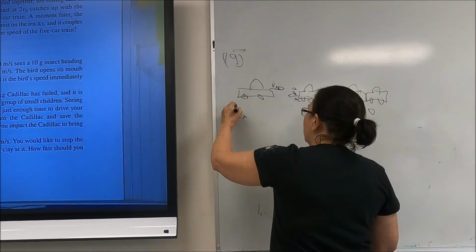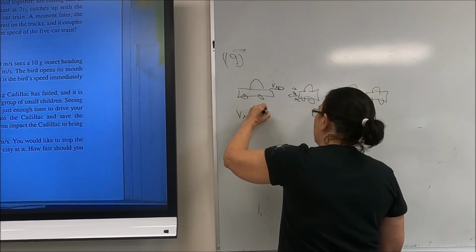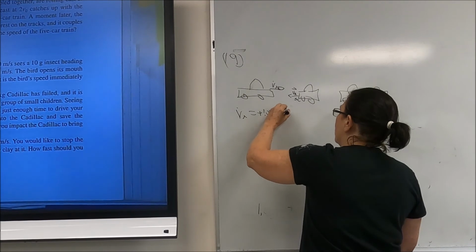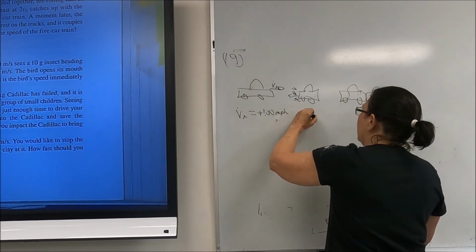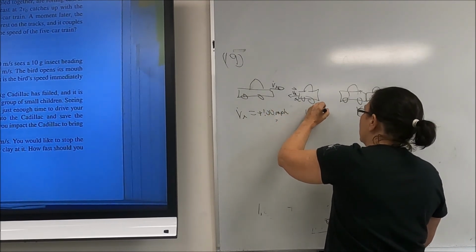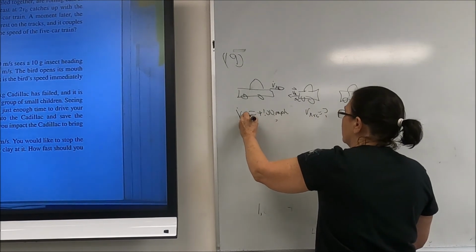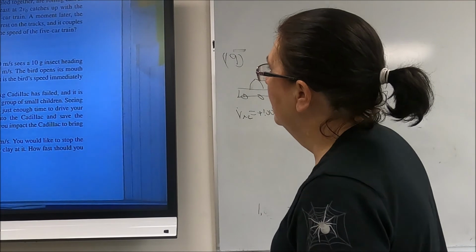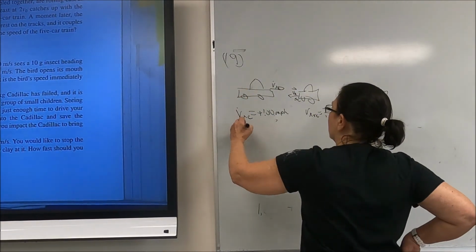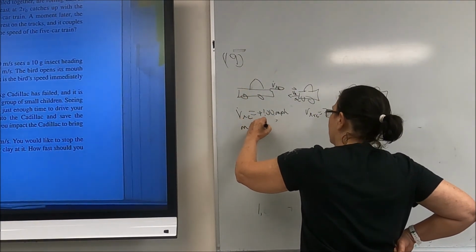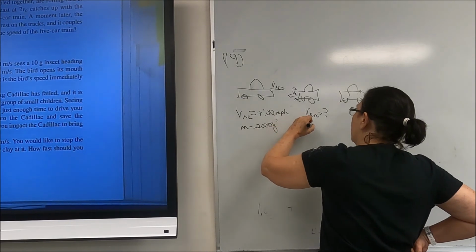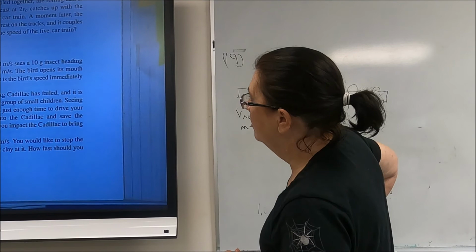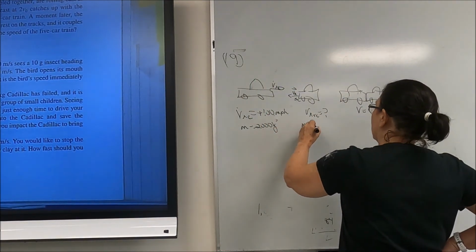The velocity initially of the Cadillac is a +1 mile per hour. The velocity initially of the small car, we don't know. The mass of the Caddy is 2,000 kilograms. The mass of the small car is given to us as 1,000.